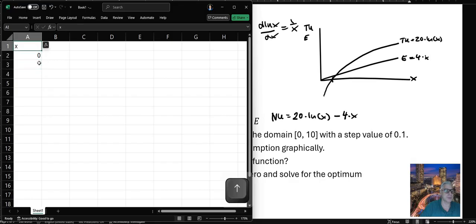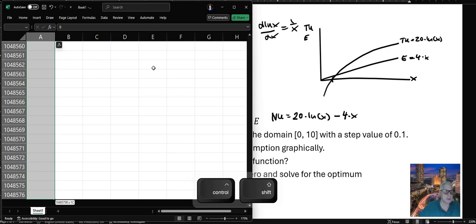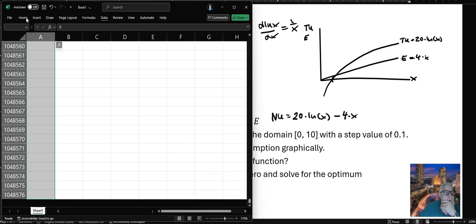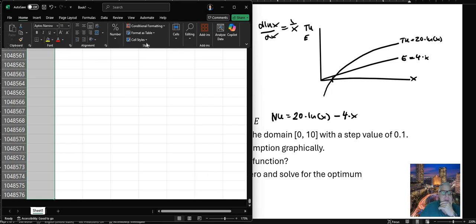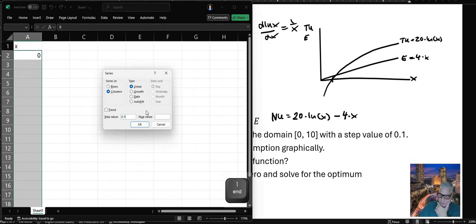Okay, good. First thing I do is highlight the column, and I press with my left thumb and index finger Control Shift, and I have a real keyboard, then arrow down. Then I go to Home, and there is something called Fill Series. So we go to Editing, Fill, Series, step value 0.1, stop value 10.